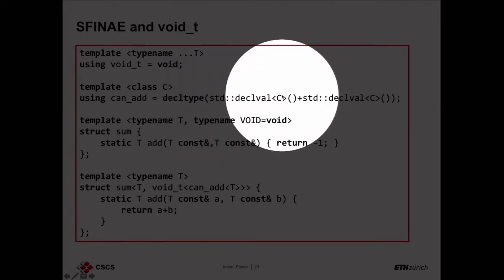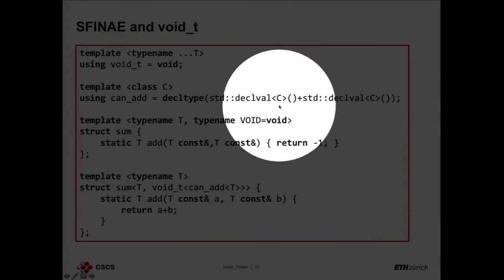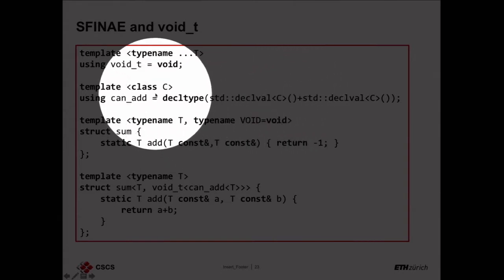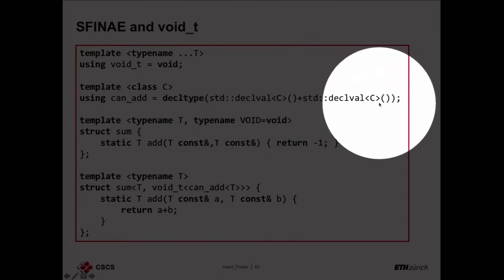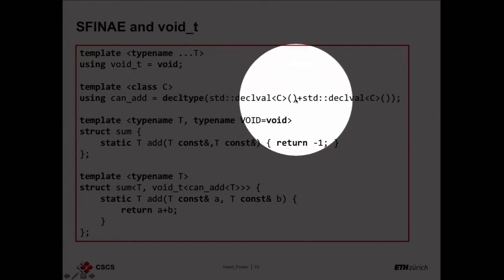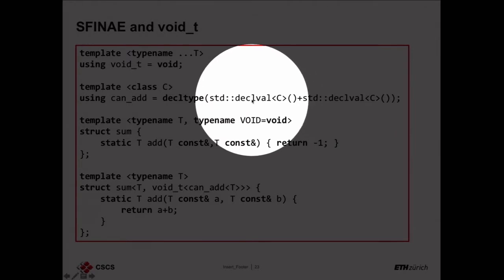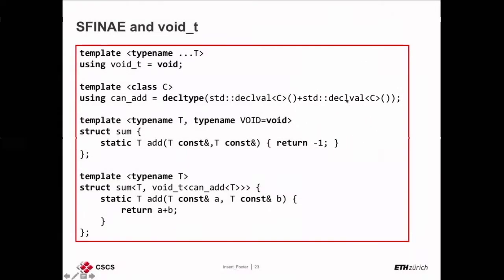If I have the plus operator, then on class C. So I take class C. If C plus C can be added together, and here we can see declval, because this plus operator might take references too, because I'm very open to nasty errors at runtime.